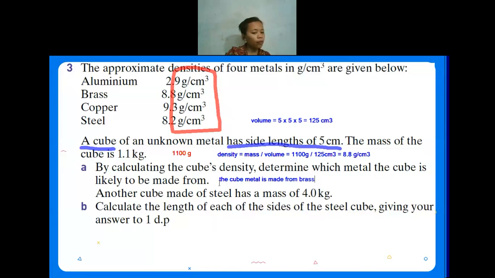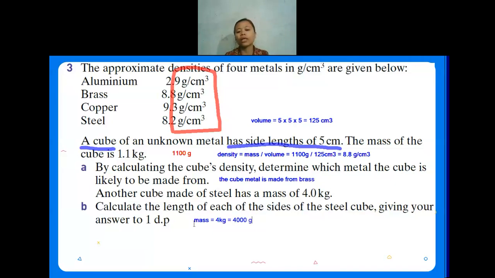Calculate the length of each side of steel. Another cube made of steel has a mass of 4 kg. We already have the mass, which is 4 kilogram. We change the unit into gram, so it will be 4,000 gram.